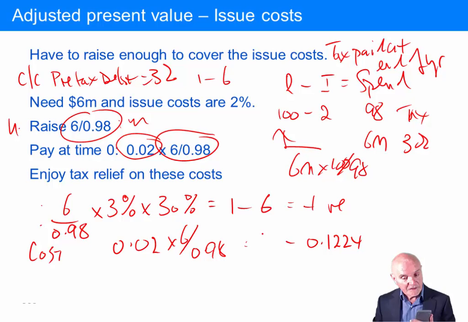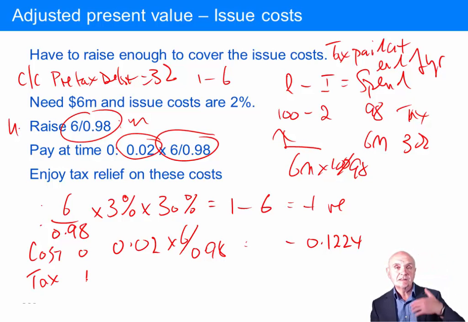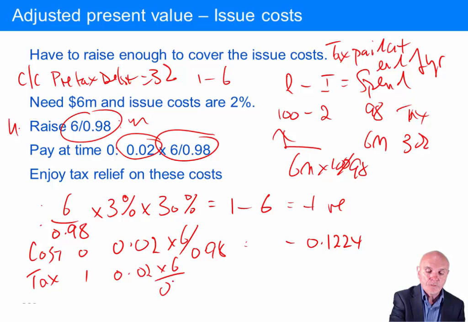But then this is going to be subject to tax relief, because usually these professional fees, these issue costs, are subject to tax relief. Then really this is a time naught cost, but then we're going to get some tax relief on this. This is going to be felt at time 1. The tax is paid in the current year, but that means at the end of the year, so it's going to be a time 1 tax saving. We're going to be saving 0.02 times 6 over 0.98.